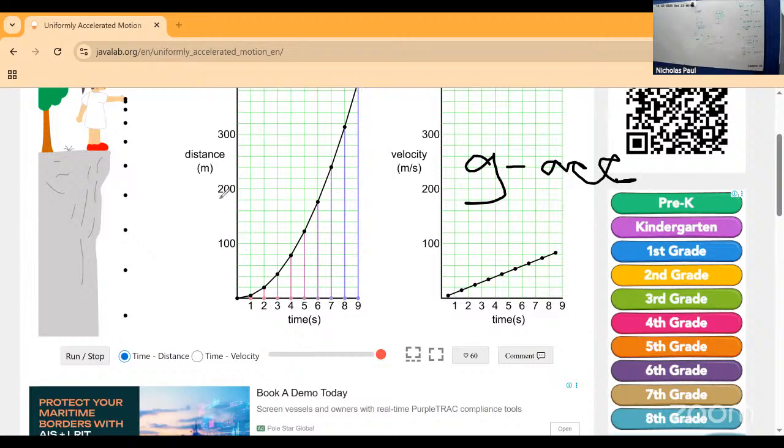So as the object falls, the apple is experiencing an acceleration, which we know as gravity. If you were to take this graph and find the gradient, you are going to get something close to 9.8, which is gravity.